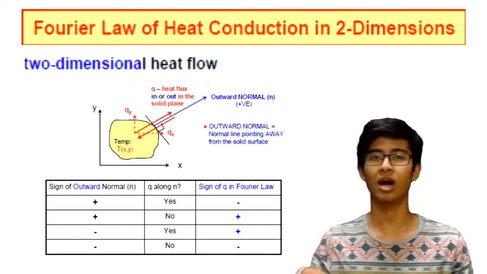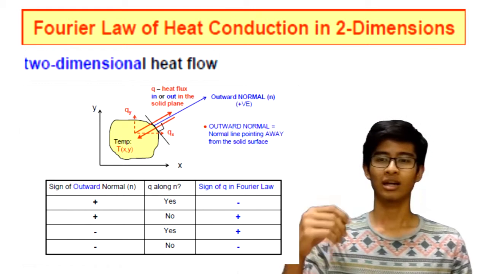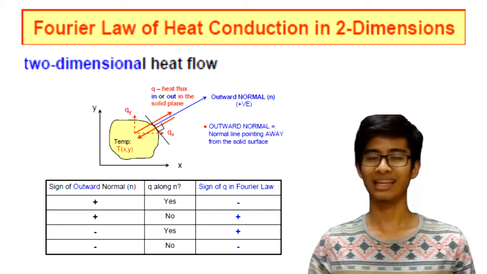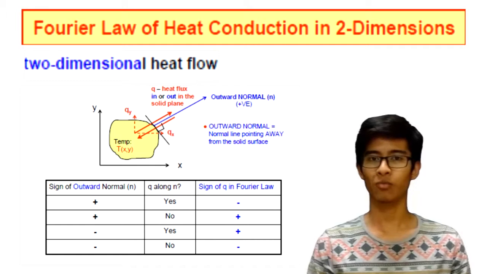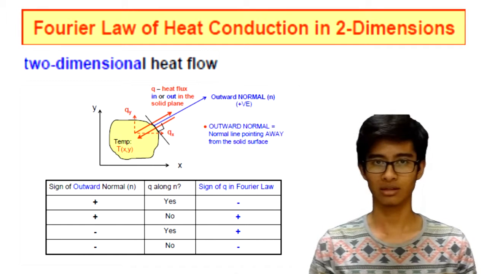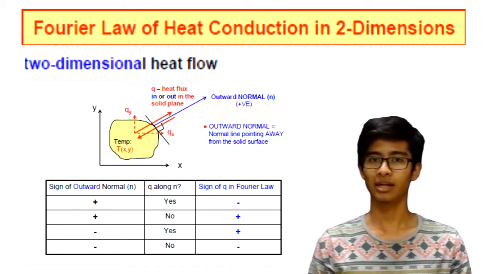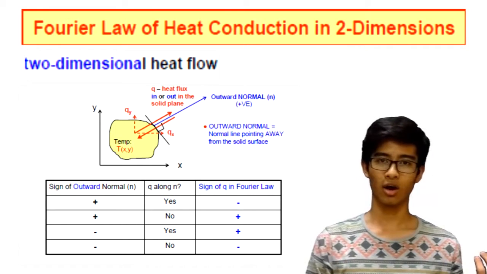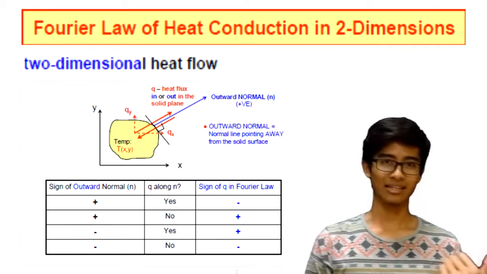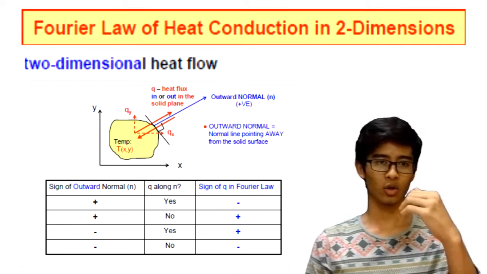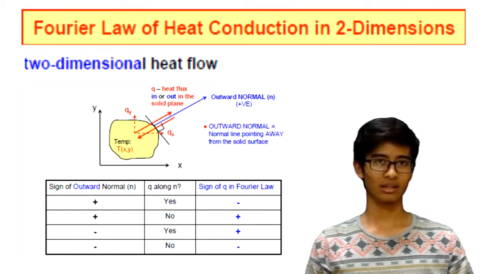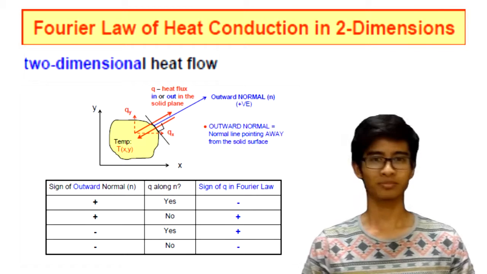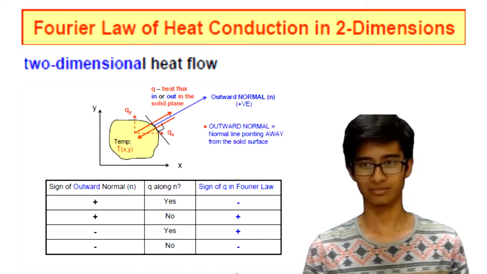The same goes for upward in the y-axis, which gives a positive sign, and a negative sign for the left side of the x-axis and downward in the y-axis.